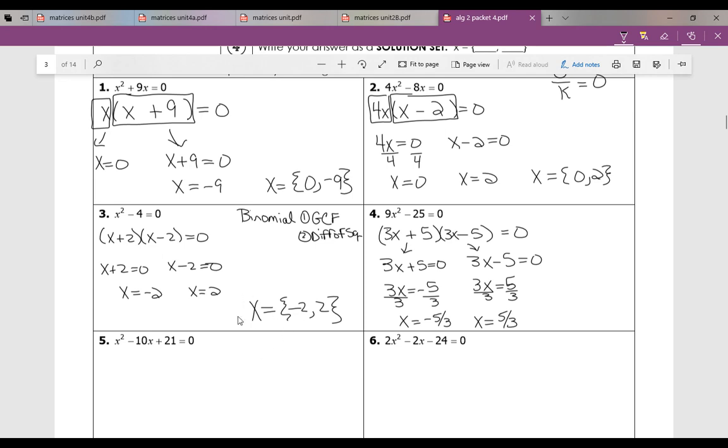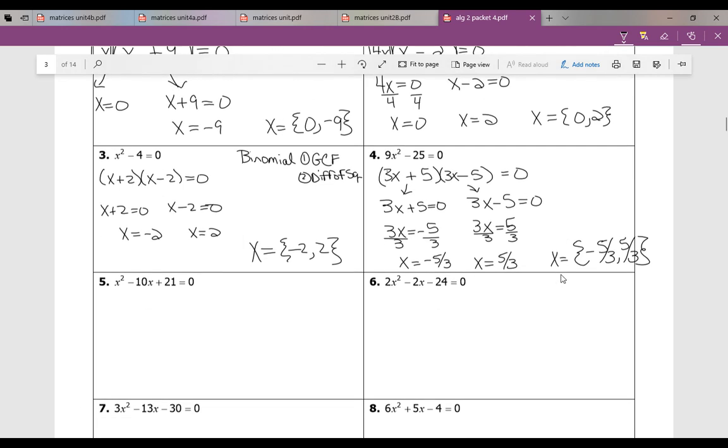Same number, positive and a negative. So here, same thing. I got a negative 5 over 3, and I got a positive 5 over 3. Okay, so those are some binomial examples. You do not do this part unless you see that equal 0. If you don't see the equal 0, you're just factoring.